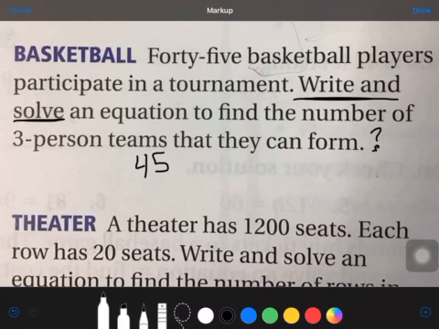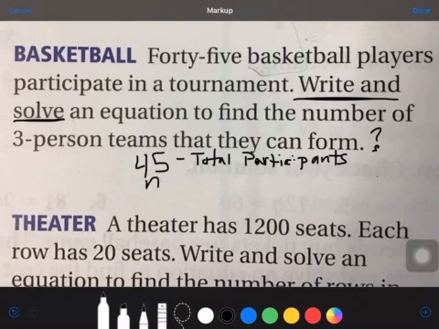We use a variable. And I'm actually going to label each one of these things so I know how they relate to each other. So 45 total participants. Okay, so I've got 45 total participants.